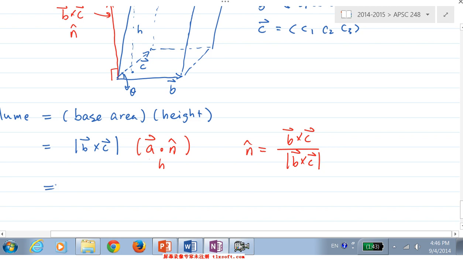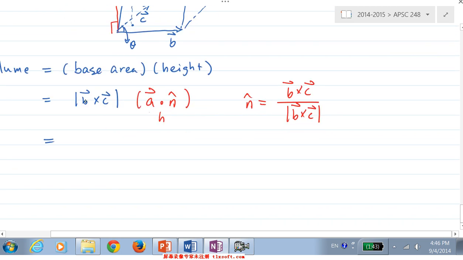You will see that you have the absolute value of B cross C here and B cross C on the denominator, so they cancel each other. So you end up with just A dot B cross C. You end up with this simple expression here.